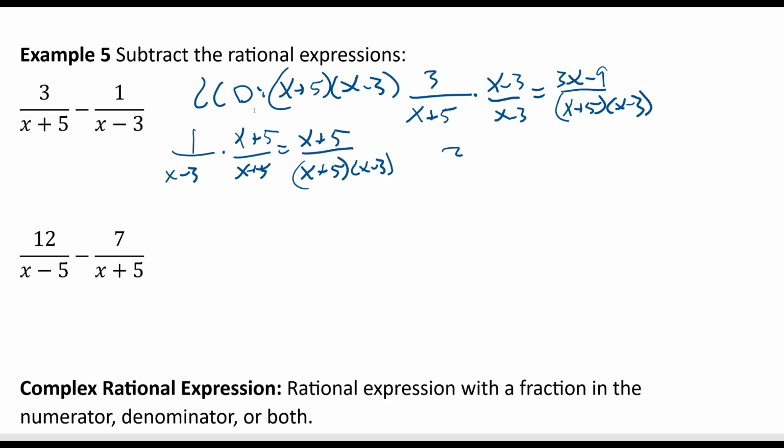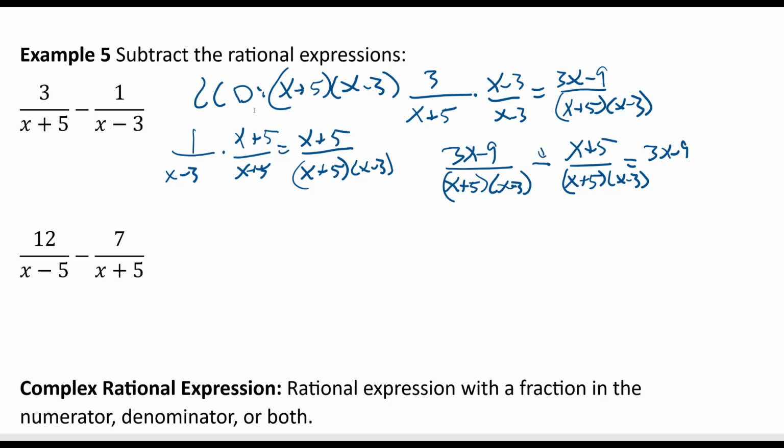So we can look at 3x minus 9 over x plus 5 times x minus 3 minus x plus 5 over x plus 5 times x minus 3. So we write these over the same denominator. So 3x minus 9, distribute this negative here, minus x minus 5 over x plus 5 times x minus 3.